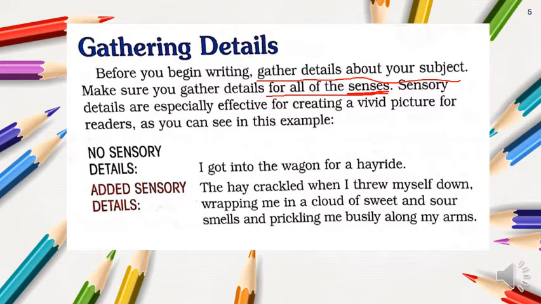So as you may see here in this second sentence, using sensory details, here crackled, this is the hearing, this is a sound. Threw myself down, wrapping me in a cloud of sweet and sour, taste, and the smells also for the smell, prickling me busily, and this means itching busily along my arms.